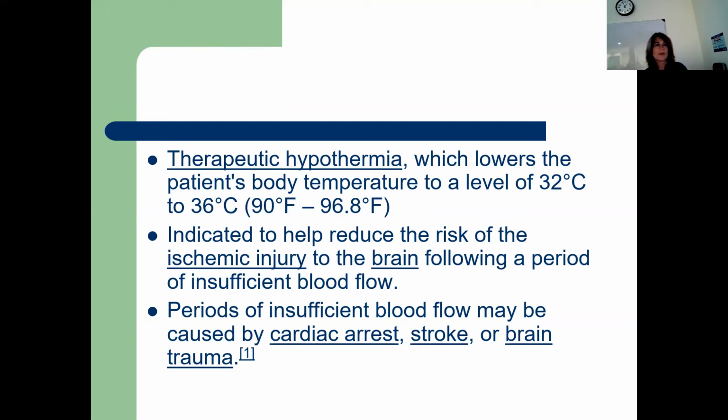And then it says it's indicated to help reduce the risk of the ischemic injury to the brain following a period of insufficient blood flow. Periods of insufficient blood flow may be caused by cardiac arrest, stroke, or brain trauma.